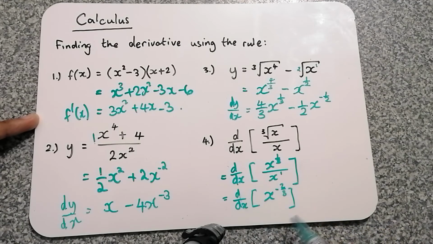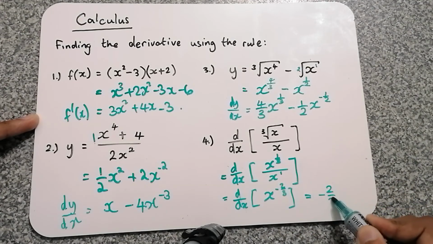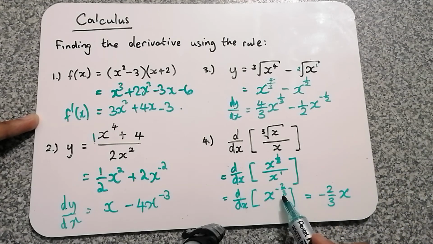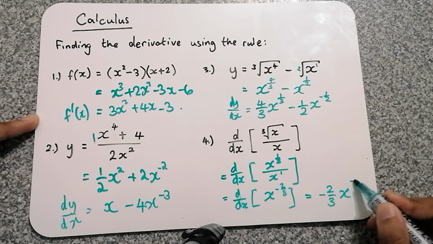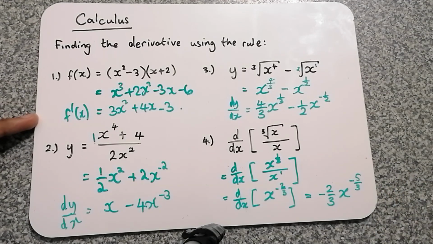So this is the thing that I'm going to derive now, and I don't have to write this dx with the brackets. I can simply write the answer, which is going to be negative 2 over 3 x to the power of, if I minus 1 from that, I get negative 5 over 3. And that's your final answer.